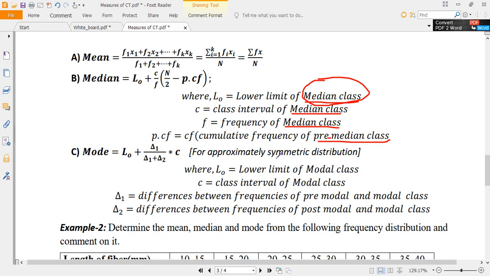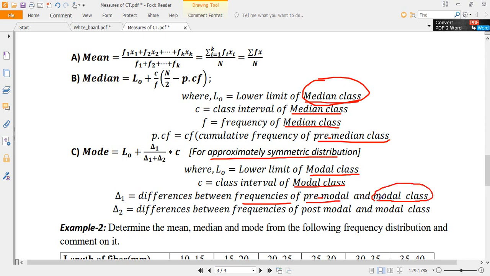Lastly, for an approximately symmetric distribution, the formula of mode is L naught plus delta 1 by (delta 1 plus delta 2) into C. Here L naught is the lower limit of the modal class, the class where the mode is located, C is the class interval of the modal class, and delta 1 is the difference between the frequencies of the modal class and the pre-modal class.